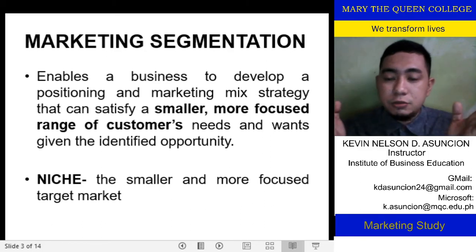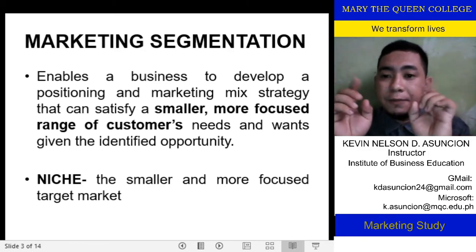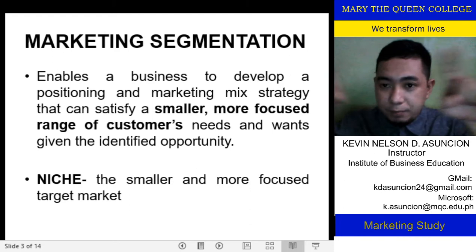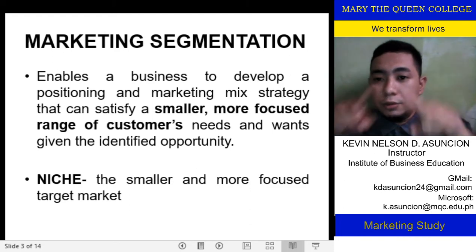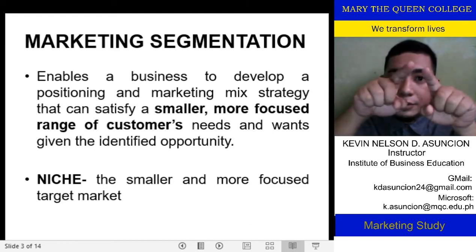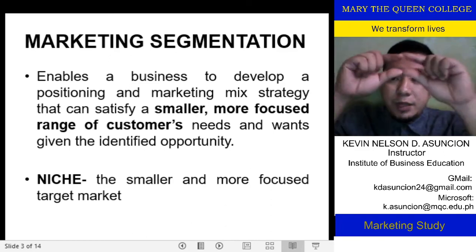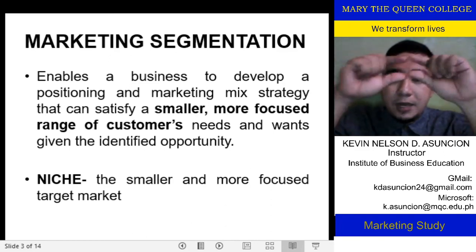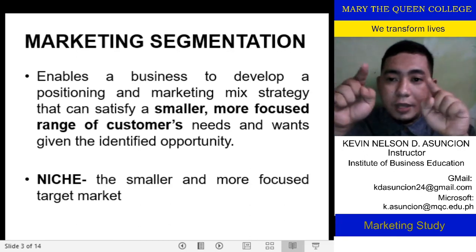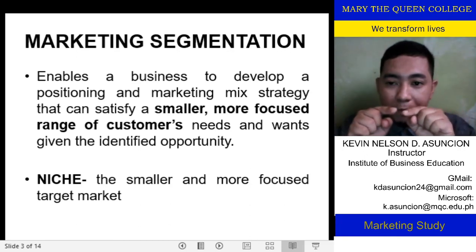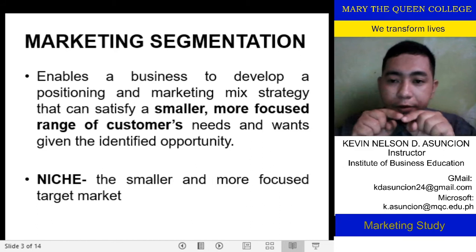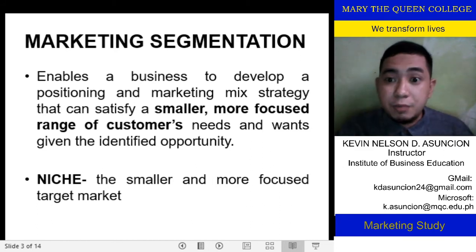So parang ganito, just for you to visualize. This is the main market. Parang funnel siya, parang embudo, no? It's an inverted pyramid. From the top, you have that mass market, yung pinakamalaking market, at unti-unti, finifilter natin yan hanggang makapunta ka dun sa pinakababa, na pinakamaliit na triangle, which is your market niche.